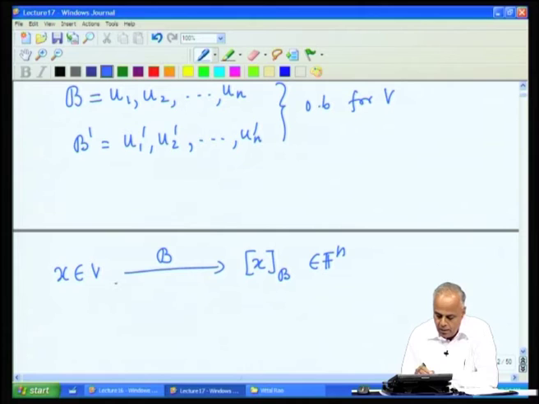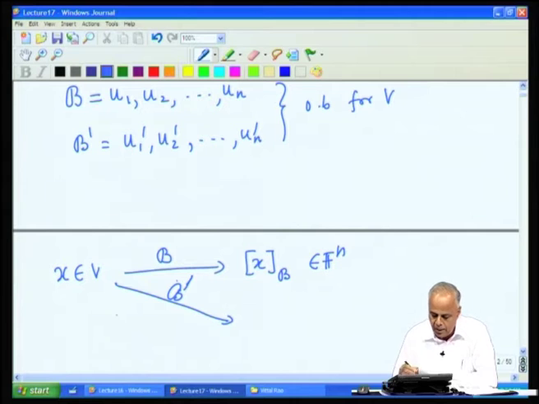On the other hand, if we use B prime, then we can convert the vector x in V to the vector xb prime in Fn.